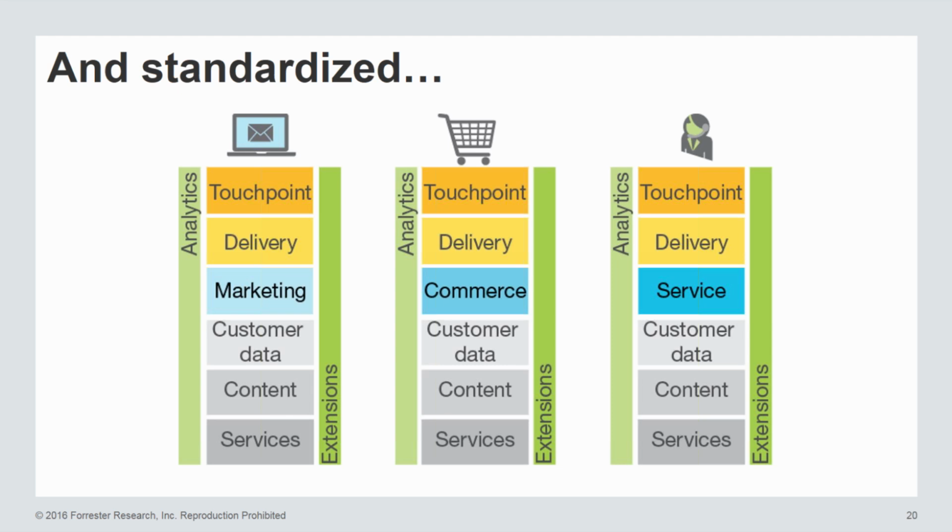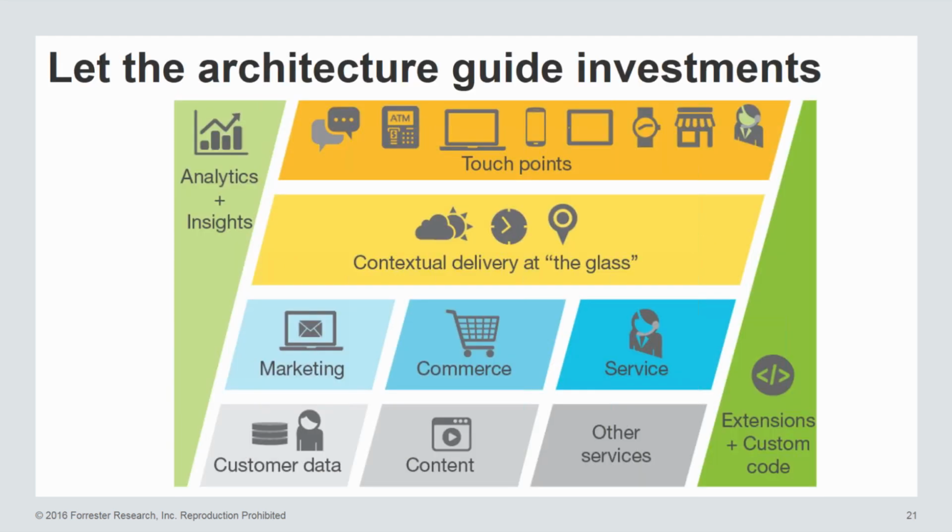And we get to the point where we have a new architecture that allows us to share the different capabilities across our investments, across the different steps of the life cycle.